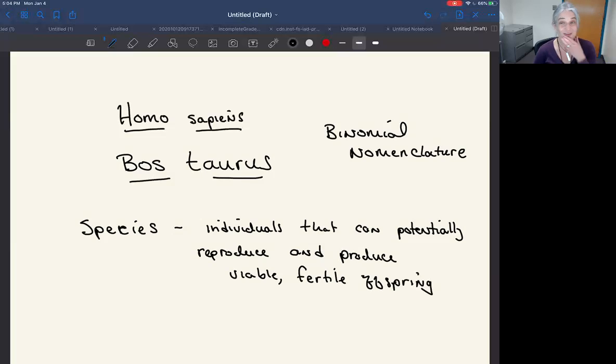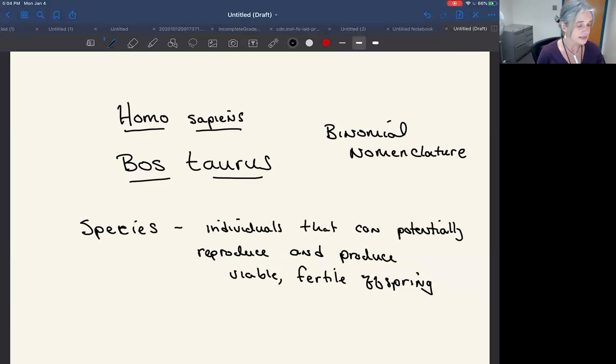Okay, so this is important because if I'm trying to determine if these two different populations of organisms are different species, like if I'm looking at a species of bird, I'm saying, are these two populations different enough to be considered different species? I would ask this question: if we brought them together and they interbred, would they be able to produce viable, fertile offspring? And so sometimes we have what is called a subspecies.